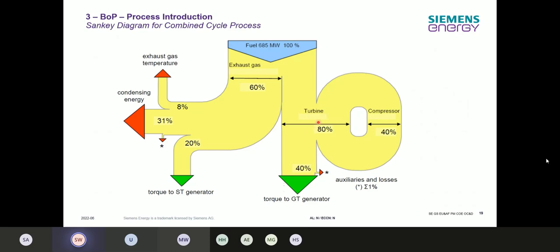So our turbine, when you say it in a different way, let's say your generator on a gas turbine, we say over here on the downer side, your turbine in this case is probably making a torque over here of 400 megawatt.